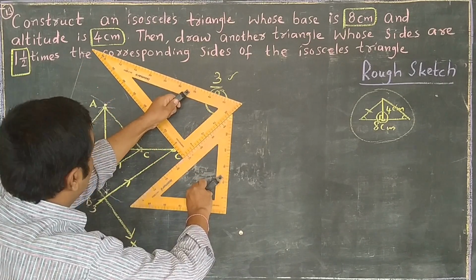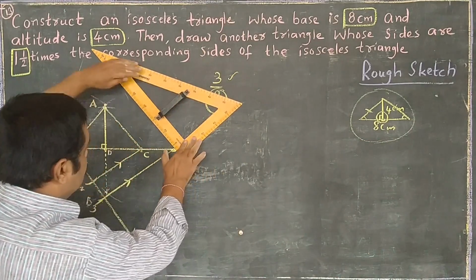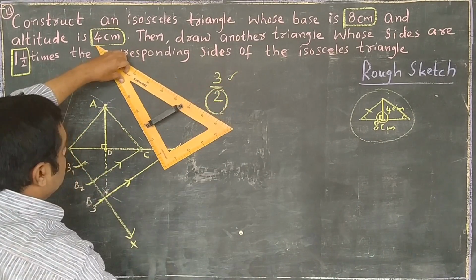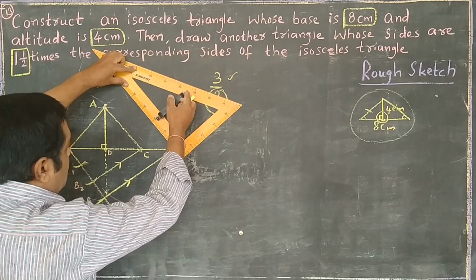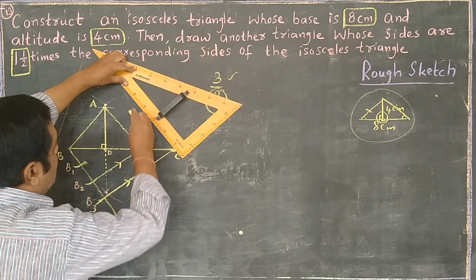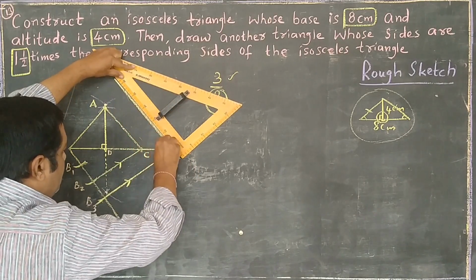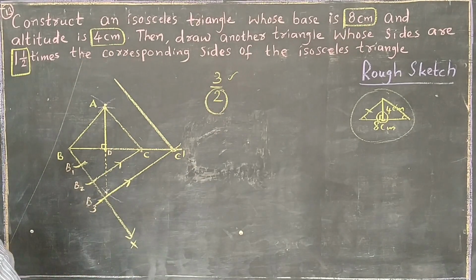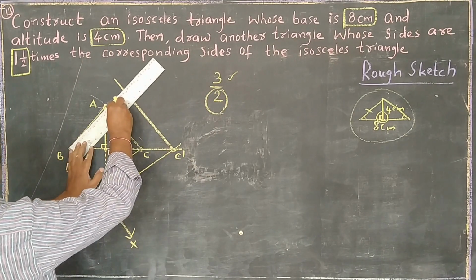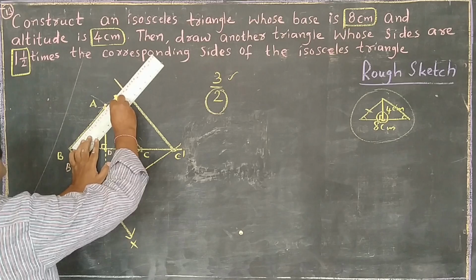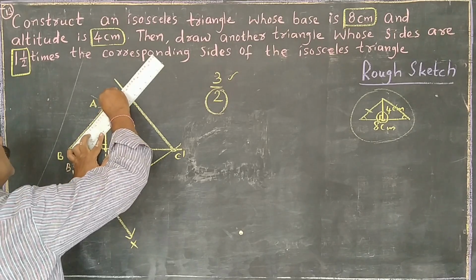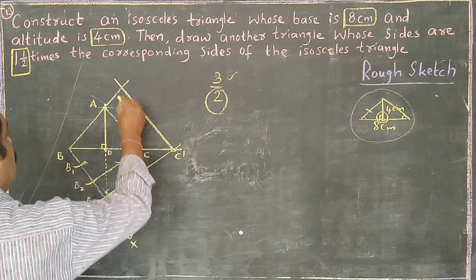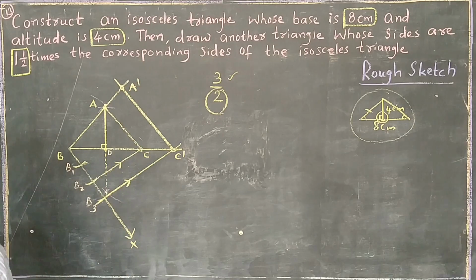Then draw the line and also produce the line BA. They intersect at A dash. So the required triangle A dash B C dash is formed. This is the method to do the 13th question.